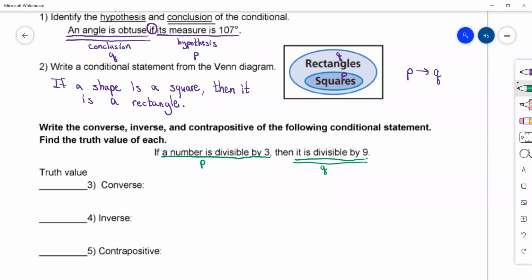Okay, so for the converse, which one is that? That's the one where we flip. So if Q, then P. So let's write that statement.